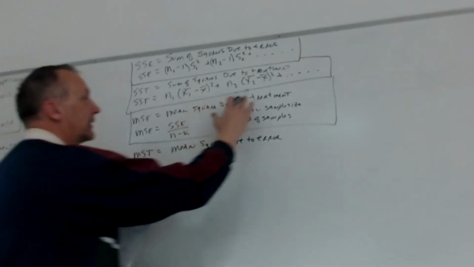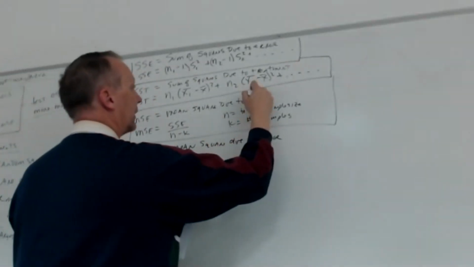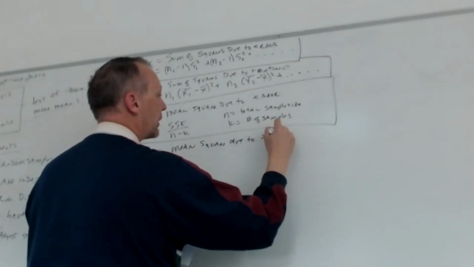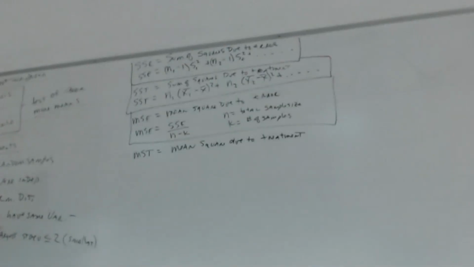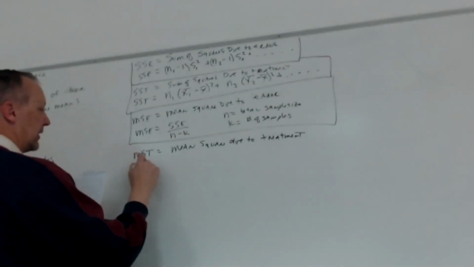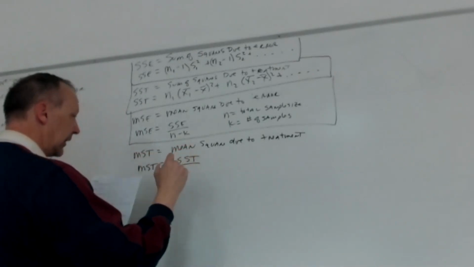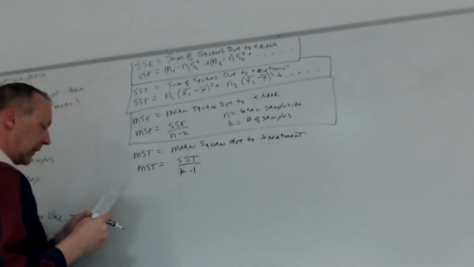Let me make sure I'm doing this right. Yes, MSE is error and MST is treatment. Sorry about that. Okay, so the MST equals the SST divided by K minus 1. Okay?